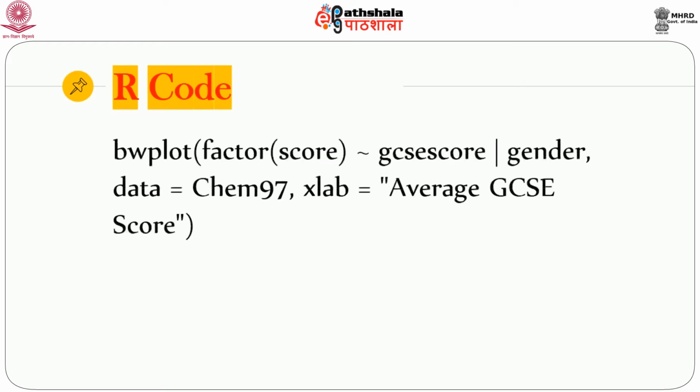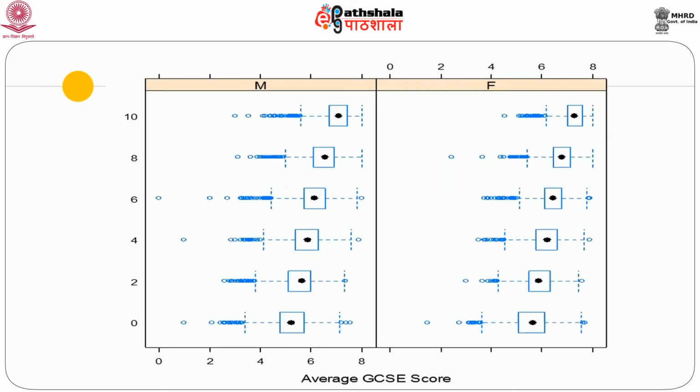It provides us the GCSE score corresponding to a number of students that includes representatives from both genders, male and female. Look at the R code that we have here that produces the box plot. This is the output plot that we have got here.